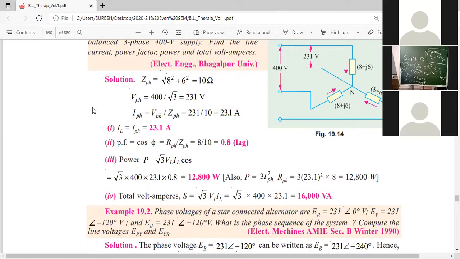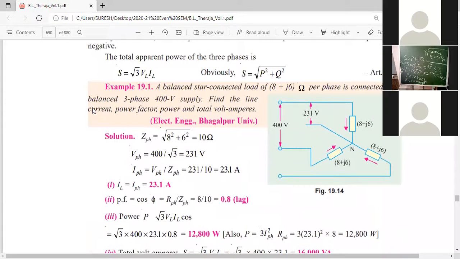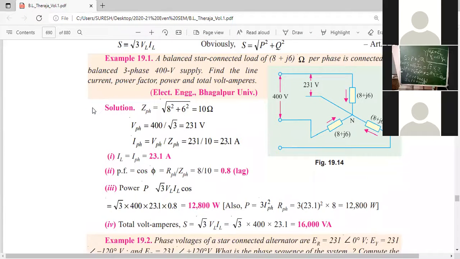This is the solution they have given. Is it okay? We'll go to the next problem.